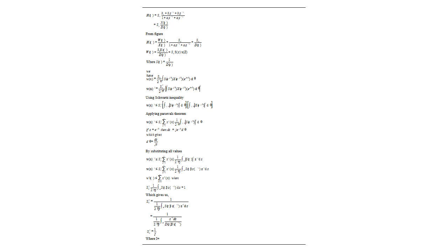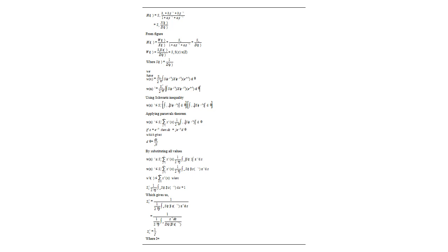So w(n) squared is less than or equal to summation n equal to 0 to infinity x squared of n, when S0 squared times 1 by 2πj contour integral S(z) S(z^-1) z^-1 dz is equal to 1.